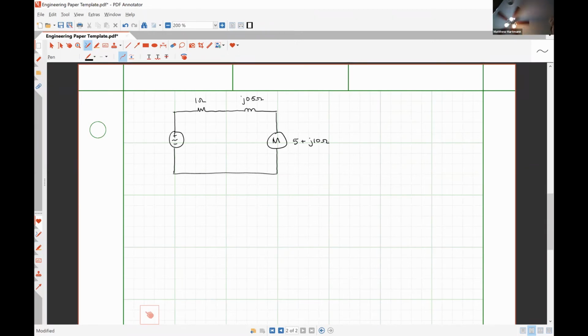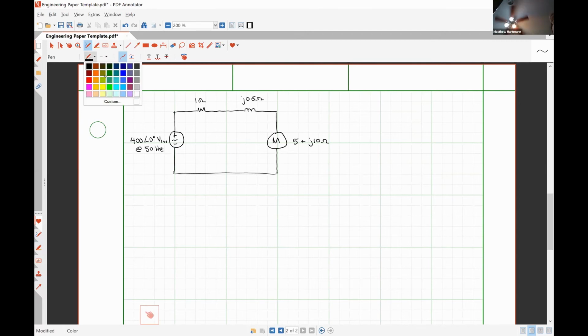And my voltage source is supplying 400 angle 0 degrees volts RMS at a frequency of 50 hertz.